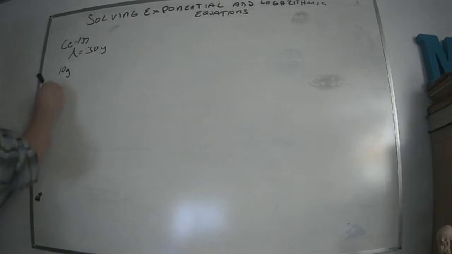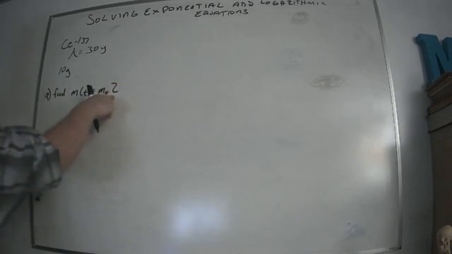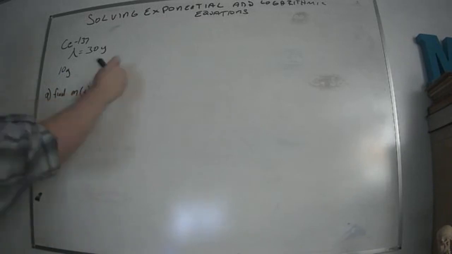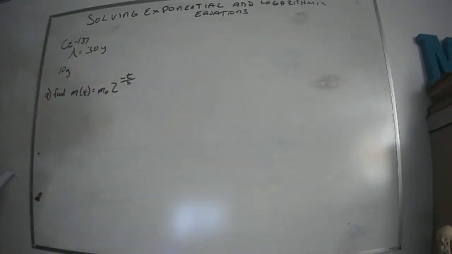We're asked A, find mass as a function of time, equals mass initial, using binary, 2 to the minus t over h. That measures the mass after t years. And B, do this with an exponential.